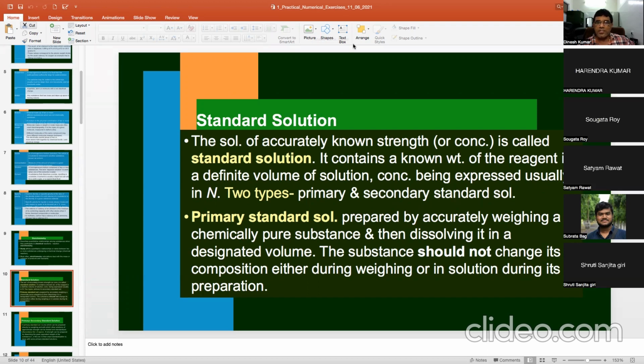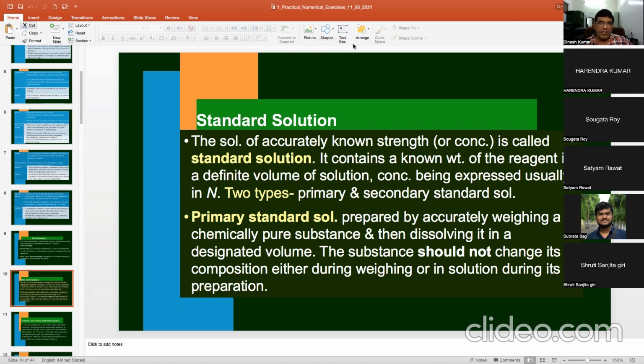A primary standard solution is prepared by accurately weighing a chemically pure substance and then dissolving it in a designated volume of the liquid or water. The substance should not change its composition either during weighing or during solution preparation. You can prepare a primary standard solution for compounds which do not change their composition when you are weighing, meaning they do not absorb water or give up water.